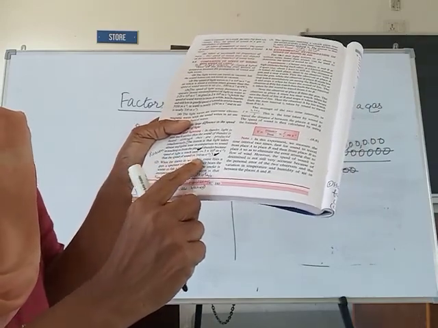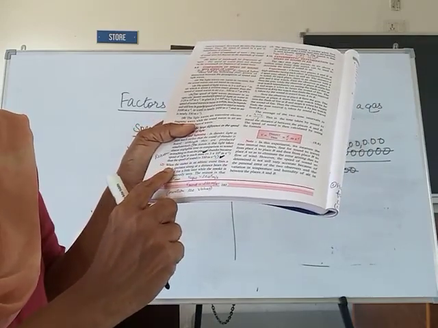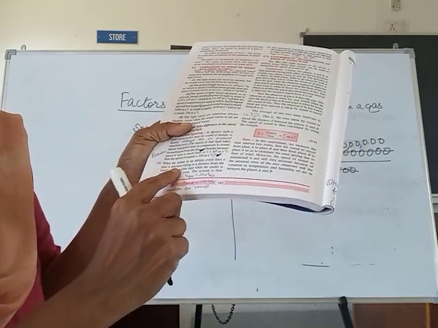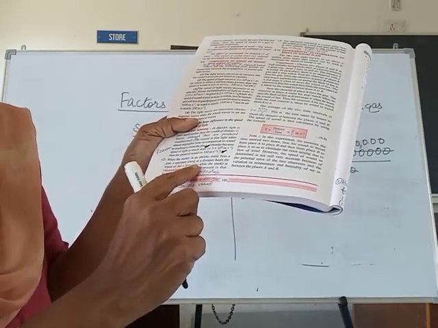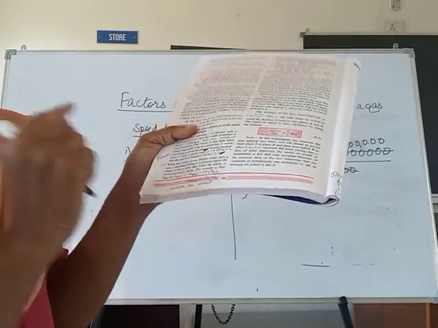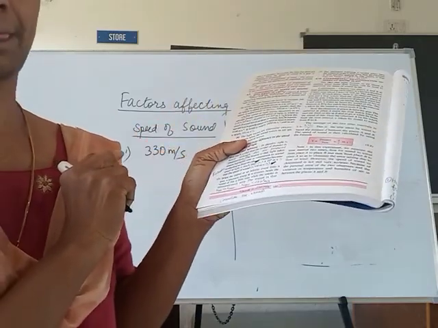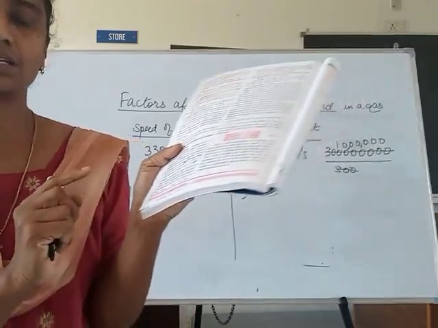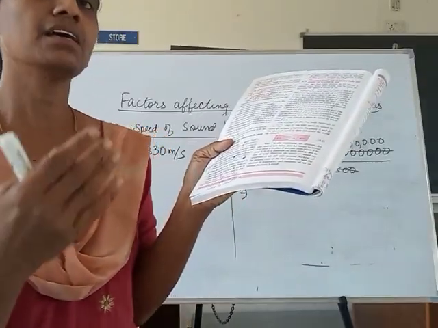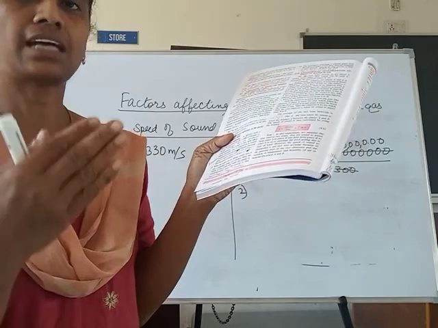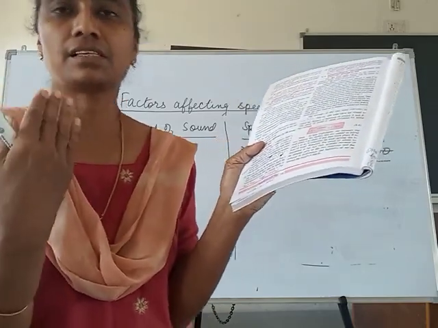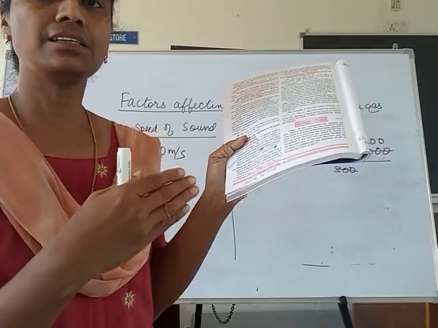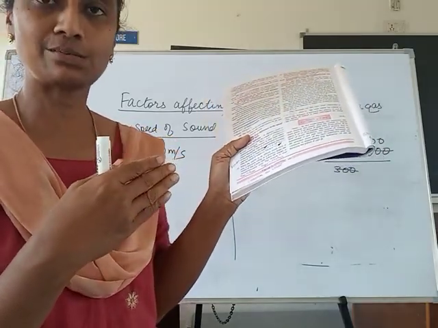The second consequence is, when the starter in an athletic event fires a gun, a spectator sitting at a distance hears the sound of fire a little later while the smoke is seen instantaneously. So, you'd have seen in international games, for starting, say a 100-meter dash, what do we do in our school?